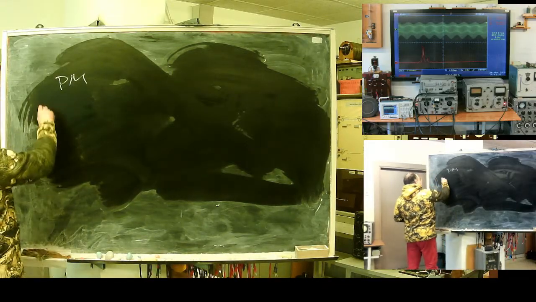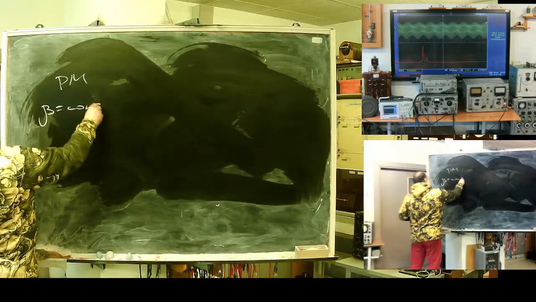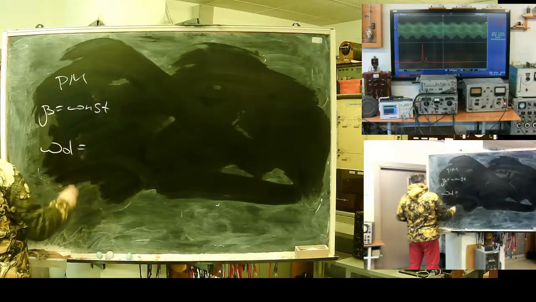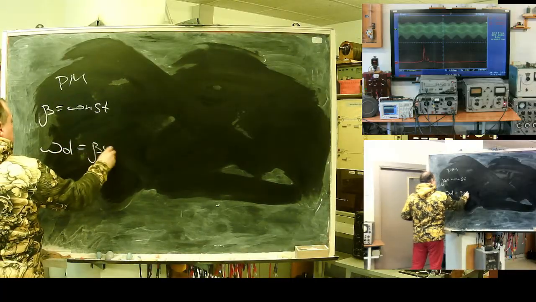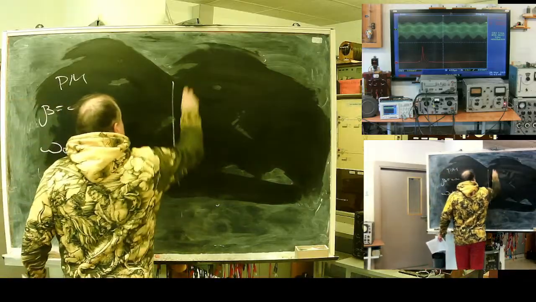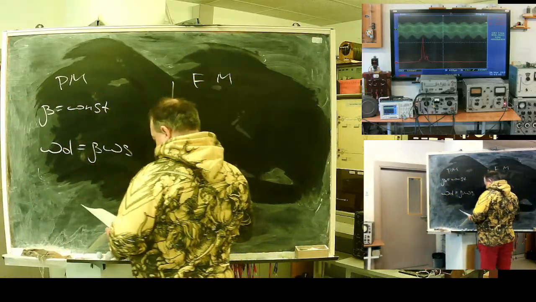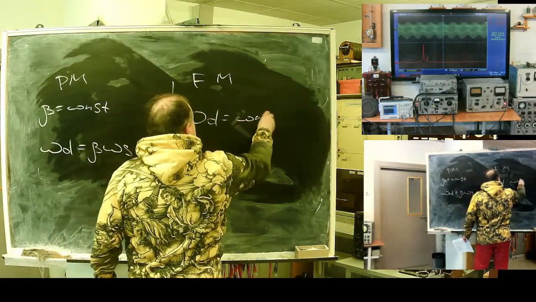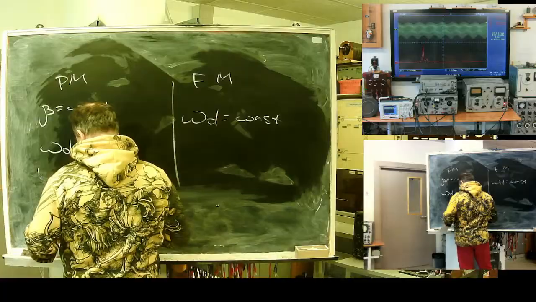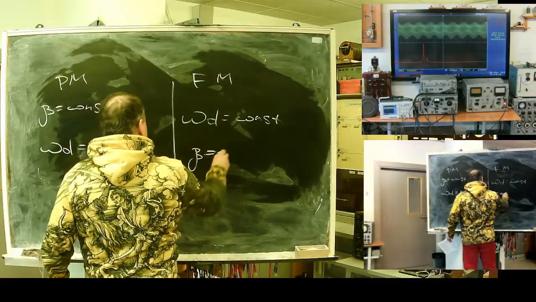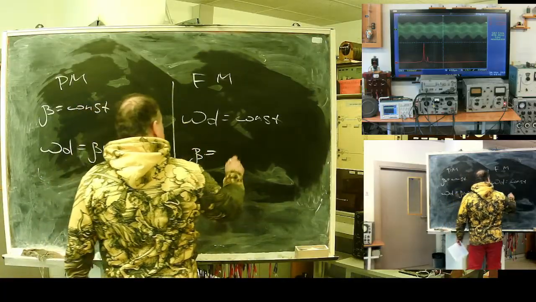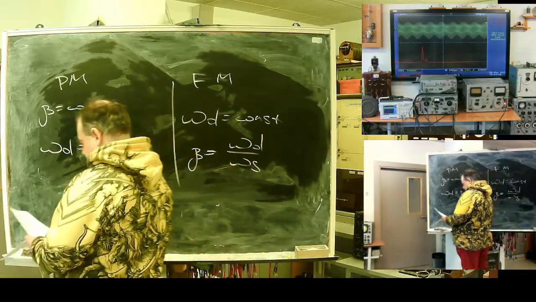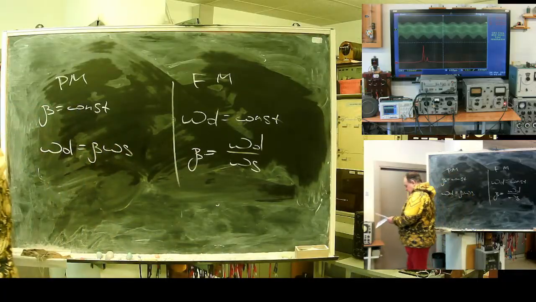So here beta will be constant and frequency deviation will be beta omega s. In case of frequency modulation, deviation of frequency is constant, but beta depth will be deviation divided by omega s.